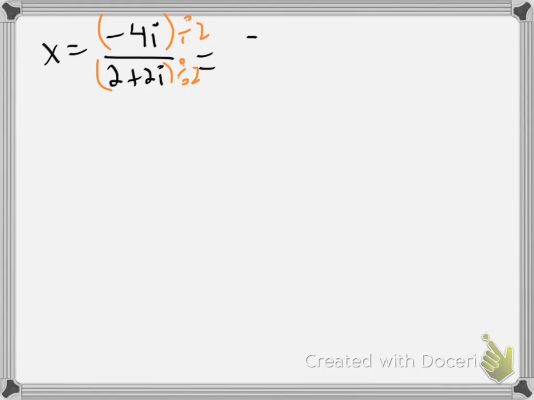I'm going to get negative 2i over 1 plus i. Well, I can't leave i on the bottom, so just like we did earlier, I'm going to use the conjugate. I'm going to multiply by a fancy 1 minus i over 1 minus i. Put that in parentheses.